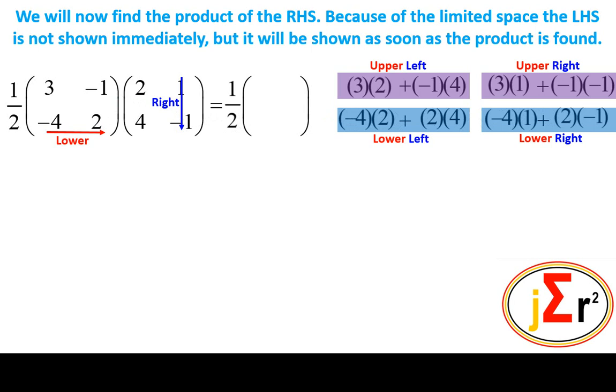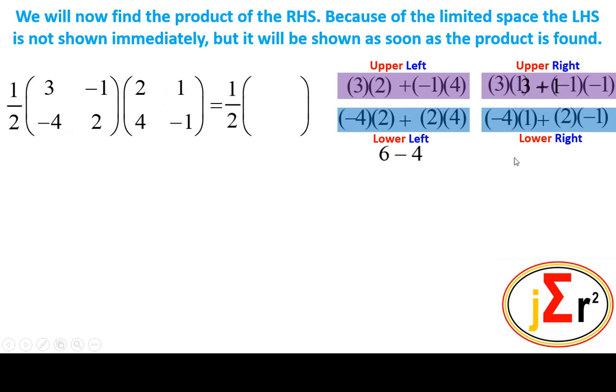Then our simplification process continues with these sums of products. 6 minus 4, that will be 2. Then the next one will be 3. Don't forget, negative times negative is positive.